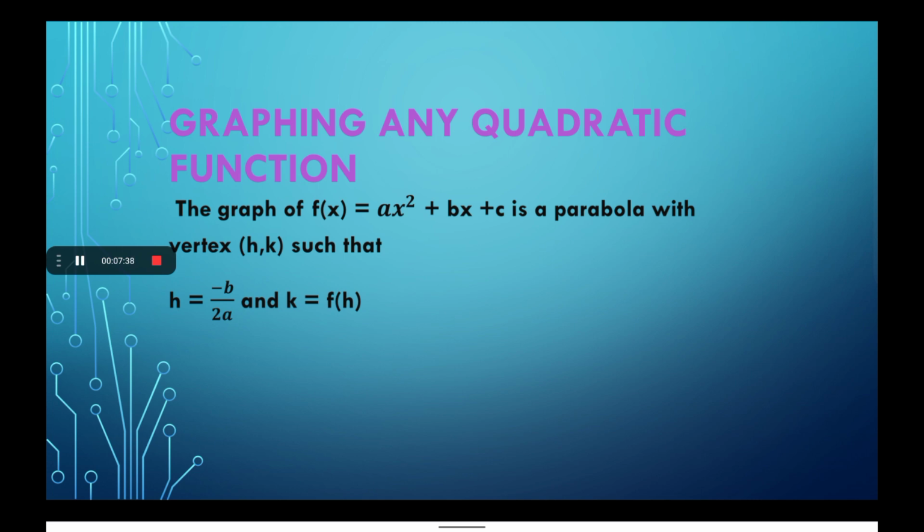Here h means the x value, and k means the value of y. If you substitute the h value in f of x, the answer we get is called k. This is the formula to identify the unknown vertex.